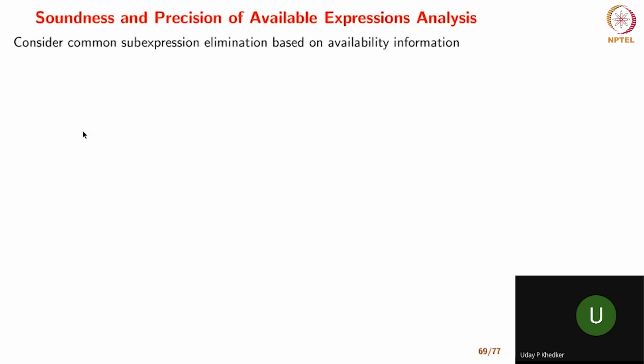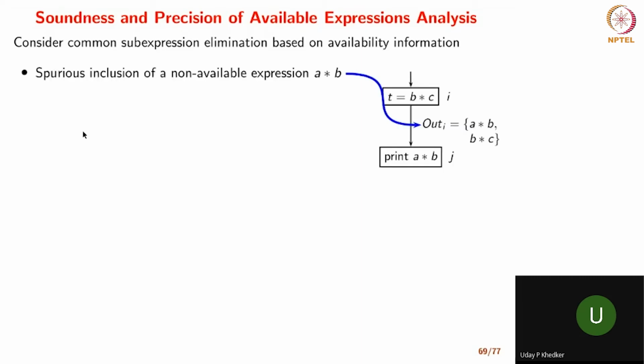Let me move on to certain interesting observations. So we talked about soundness and precision of live variables analysis. In a similar manner, we have to talk about soundness and precision of available expressions analysis. Let us consider common subexpression elimination based on availability information.